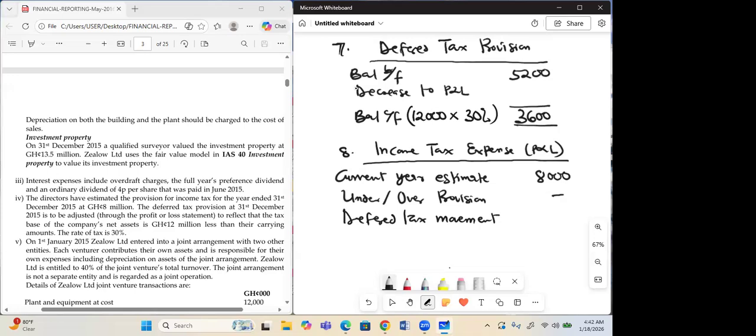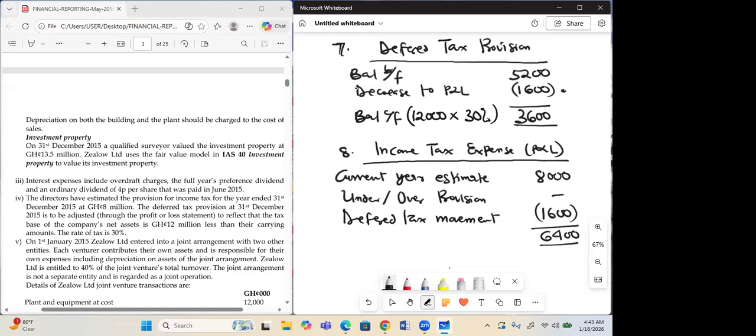The decrease is giving you 1,600, right? So this 1,600 decrease, you charge to P&L. This is the tax in the P&L. So you come and charge this deferred tax 1,600 decrease. Then they close this to give you 6,400. So this 6,400 is what you send to the P&L.